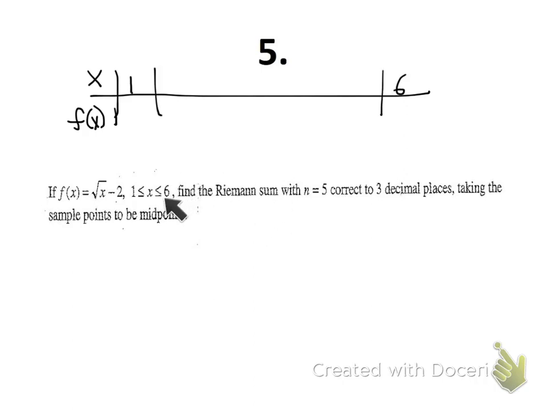Guys, look how nice this is. What's 6 minus 1? 5 divided by the number n, 5. So we're going increments of 1. So I'm going 2, 3, 4, 5, and then there's 6.